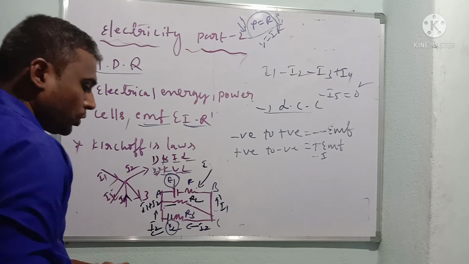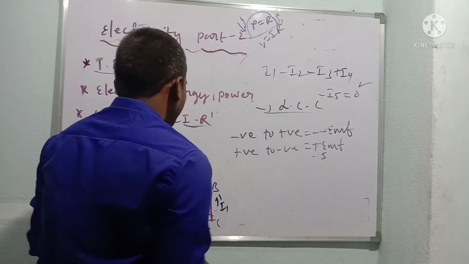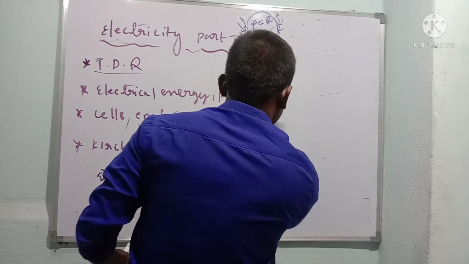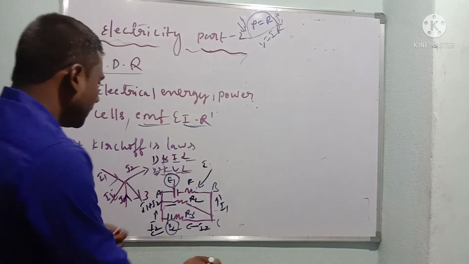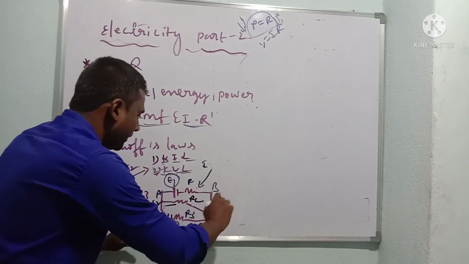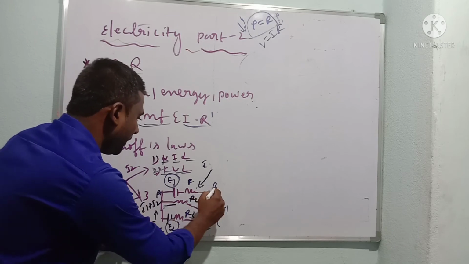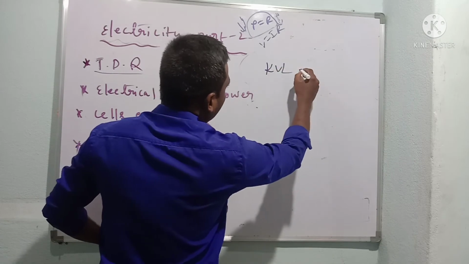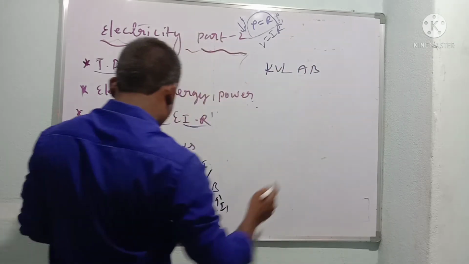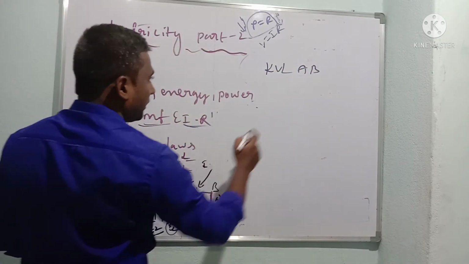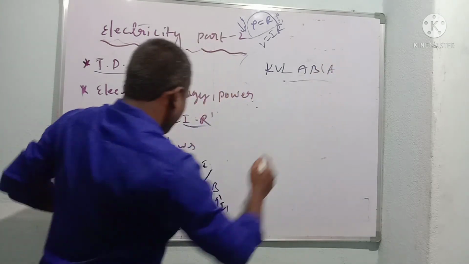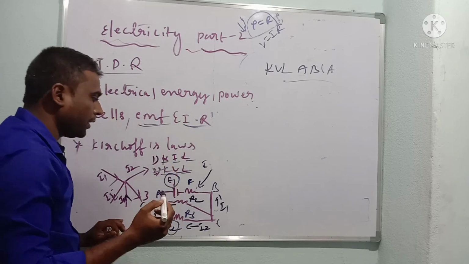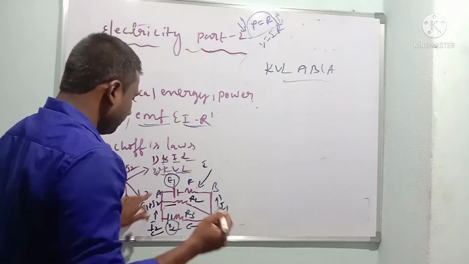So for this circuit, let us understand. The voltage is moving along the direction A, B, C, A. So children, current is moving from negative terminal to positive terminal, so EMF is negative, that is minus E1.